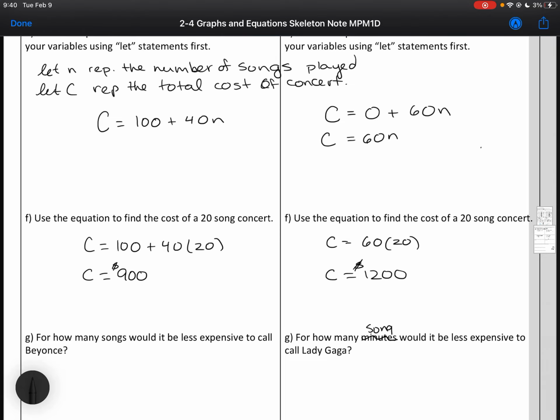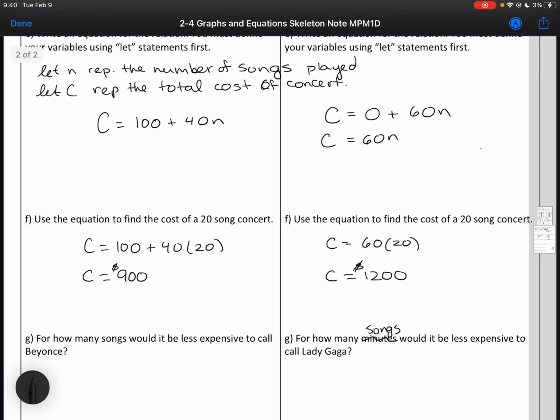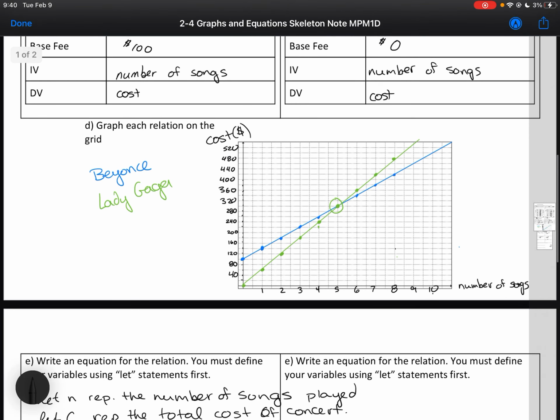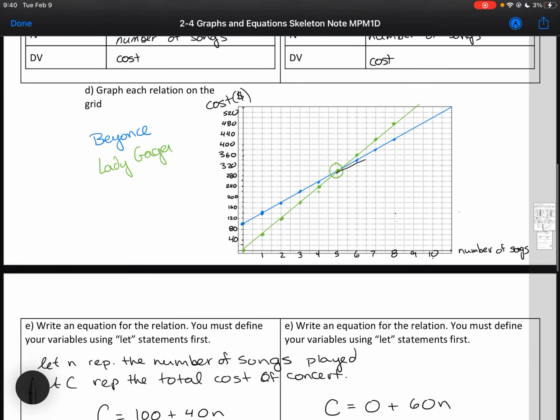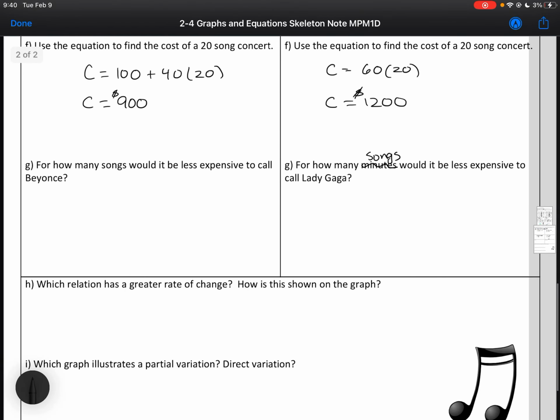So now if I go back to my graph, I'm going to ask for how many songs would it be less expensive to call Beyonce. So I'm going to go back up to my graph, and I'm going to notice that my blue Beyonce line is lower, or my total cost is lower after 5 songs. On the left-hand side, or before 5 songs, the Lady Gaga line is lower than the Beyonce line, so that means my cost is lower here.